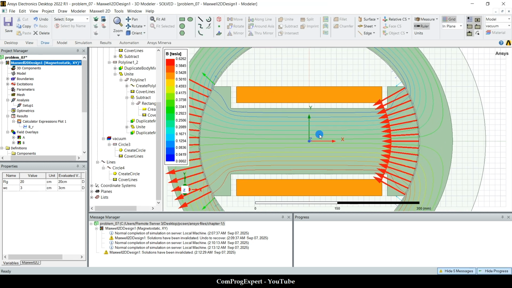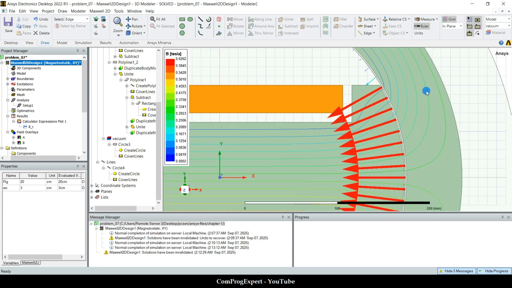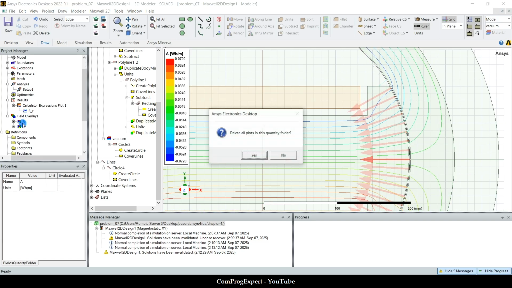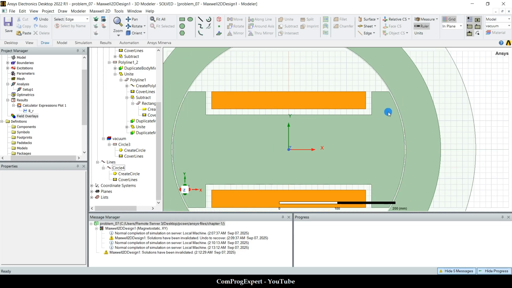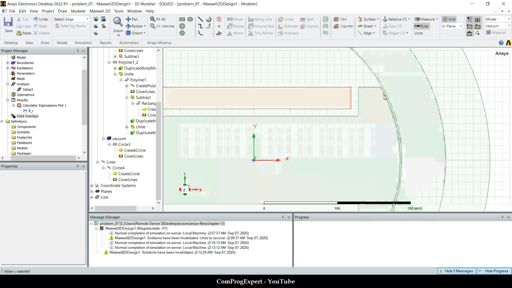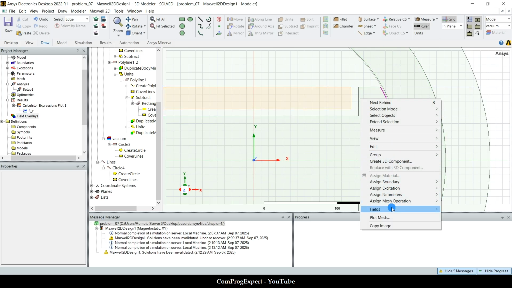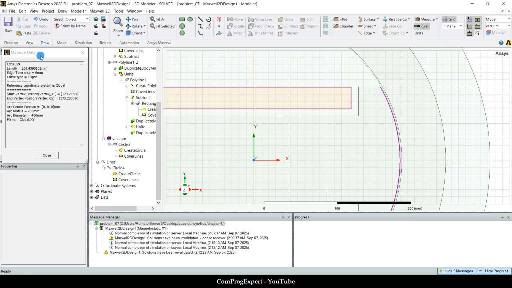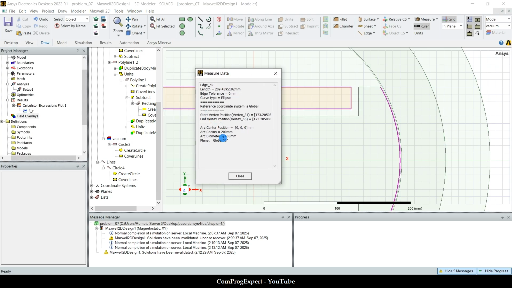So how can you measure the pole face area? You can select this edge and measure the length. So here you can see the length of this edge, around 21 centimeter.